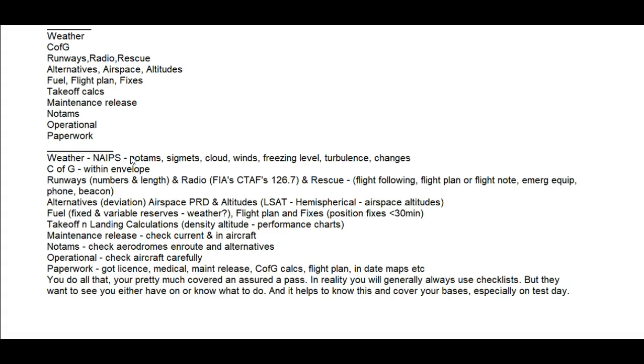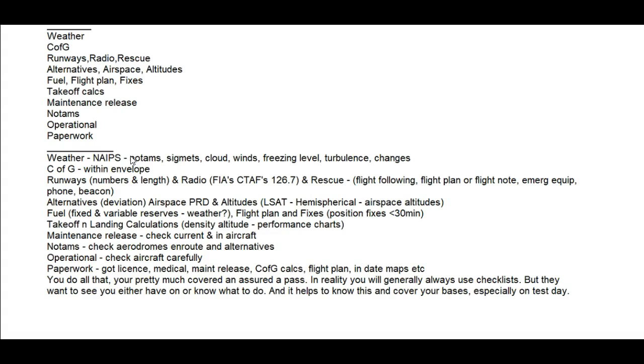Okay, so when you're looking at the weather, you need to check lots of things, but the main things you want to check are clouds, wind, freezing level, turbulence, and times of predicted changes. Now the winds you're after for a few reasons. One, because your fuel calculations absolutely depend on your winds.